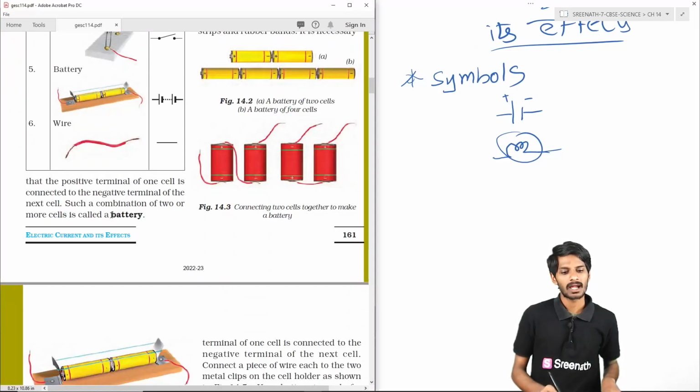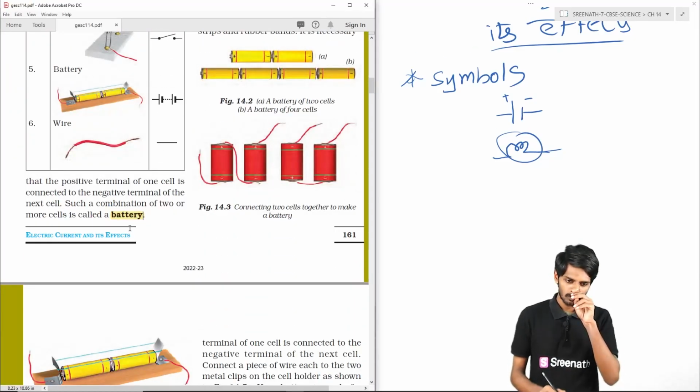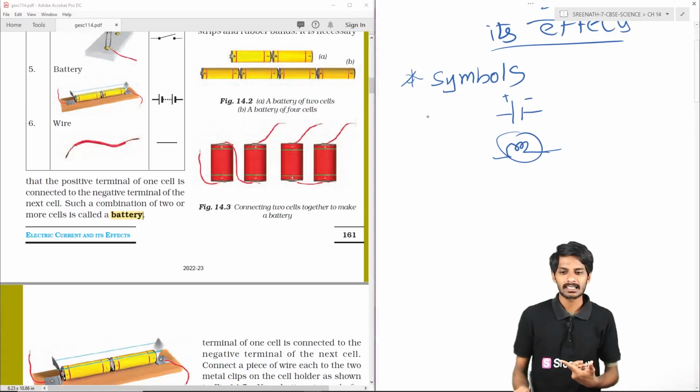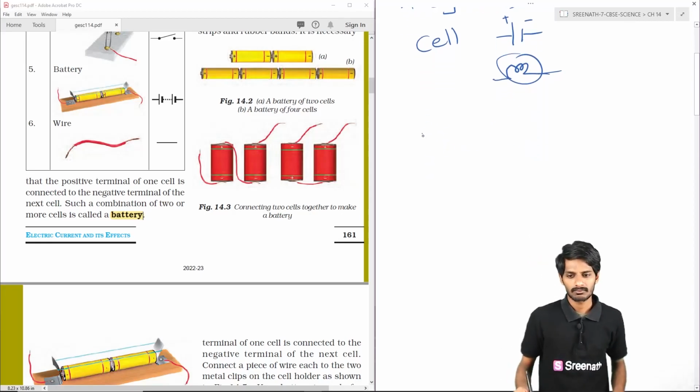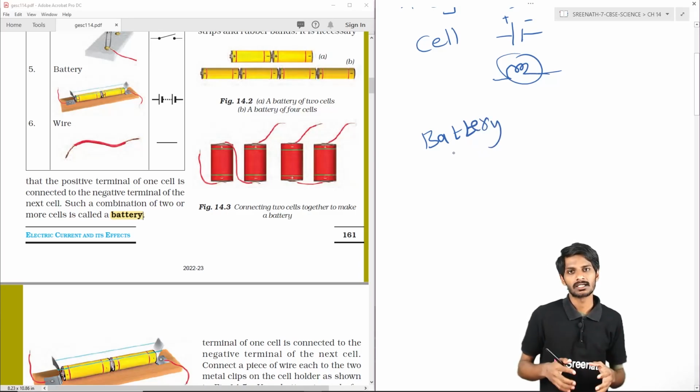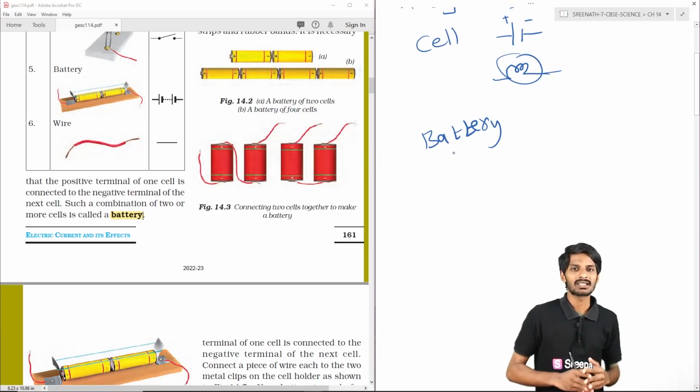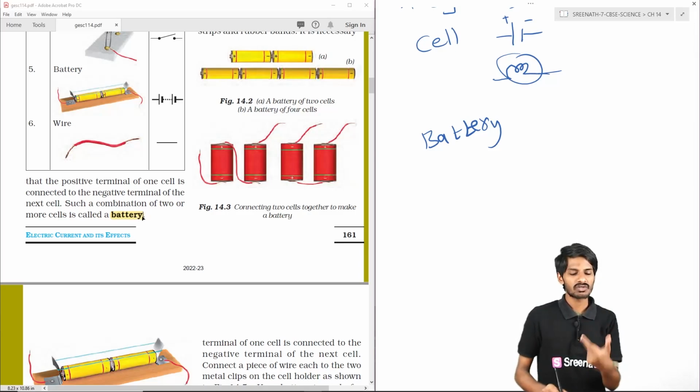And what is meant by a battery, students? We know a single cell has a positive terminal and a negative terminal. For a battery, there are many cells connected, more than one cell. Such a combination of two or more cells is called a battery, students.